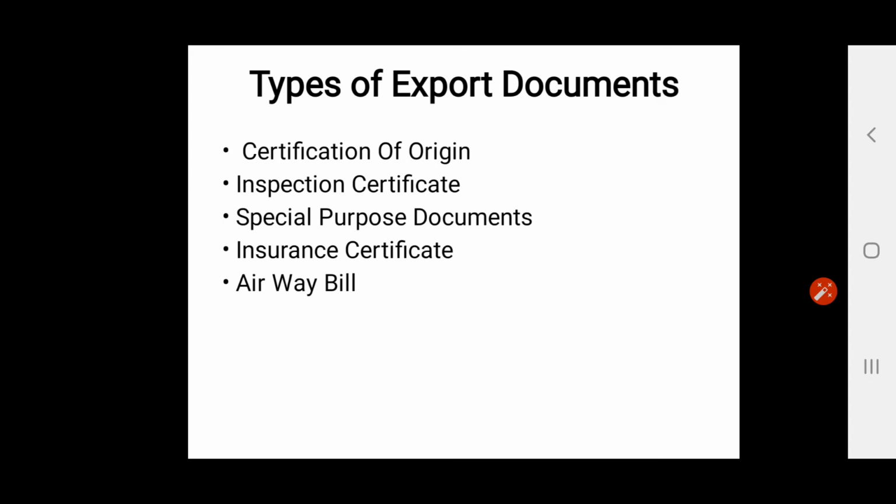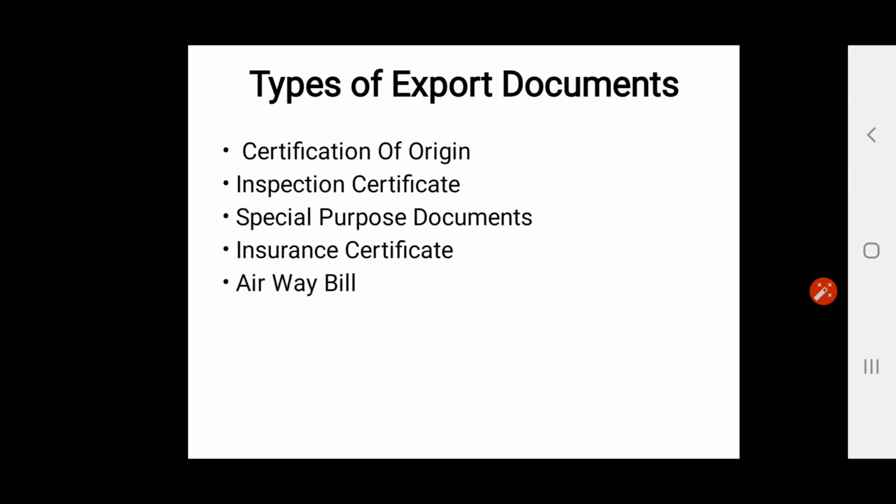Another document is the inspection certificate. The inspection is done by independent firms or agencies, not by the buyer or seller, that means not by the importer or the exporter. This inspection team certifies the quantity and quality of the goods being shipped. It is necessary for many countries.